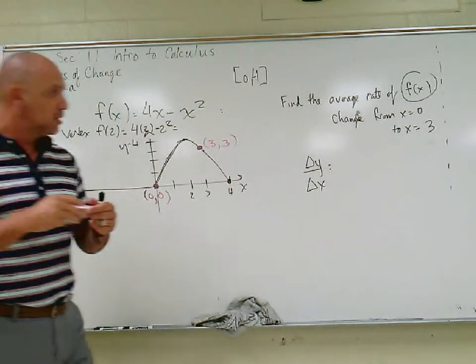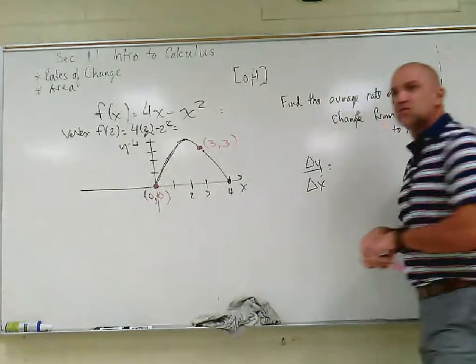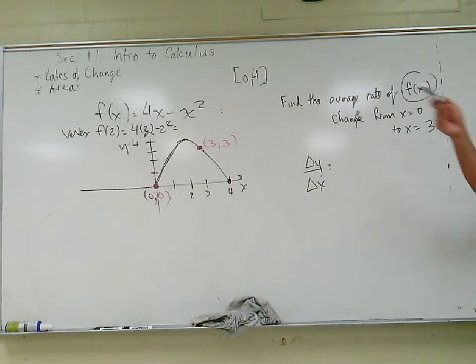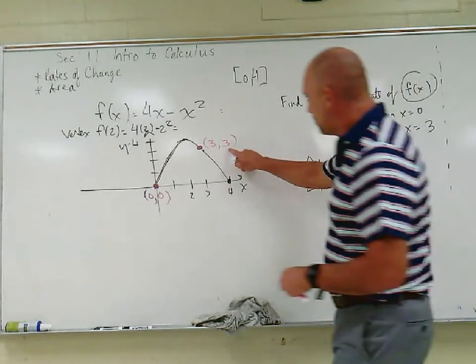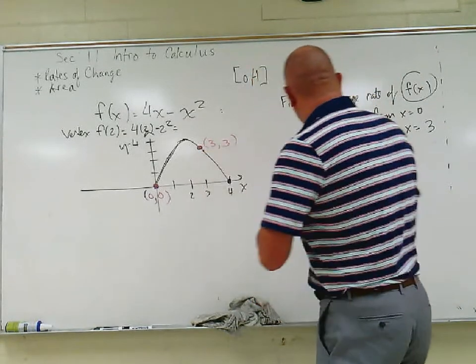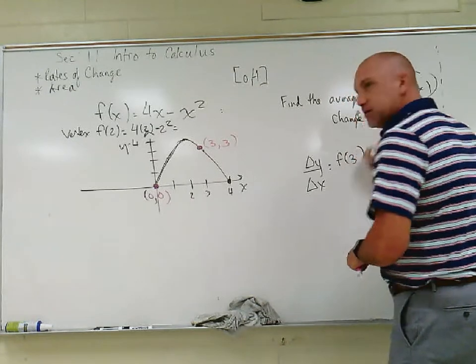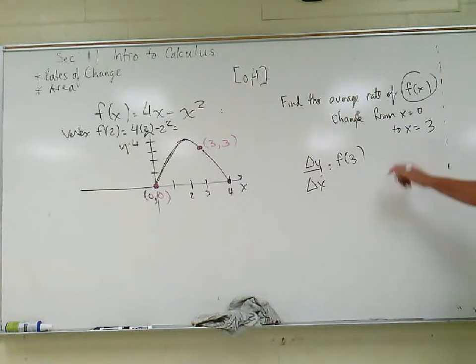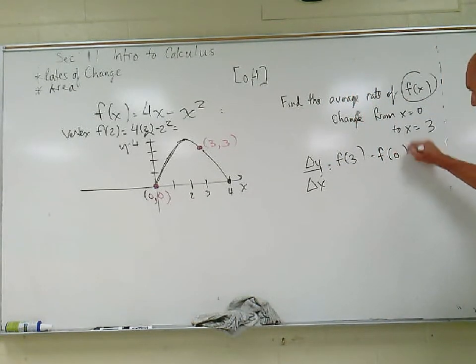Symbolically, if I want to do change in y, what's the symbol for y? On this graph, what symbolizes y? f of x. So the symbol for this y value here is f of 3. Remember, it's the y when x is 3. And then you're going to do minus f of 0.